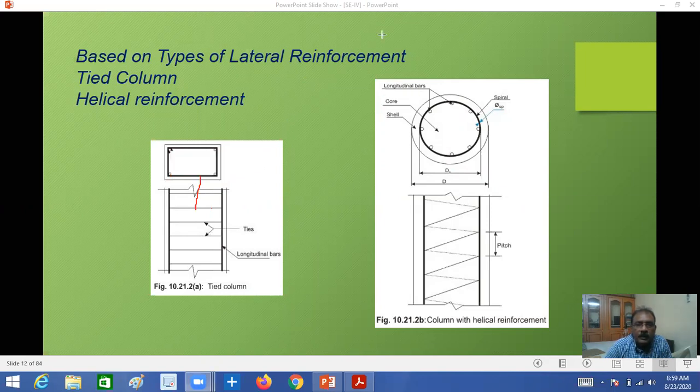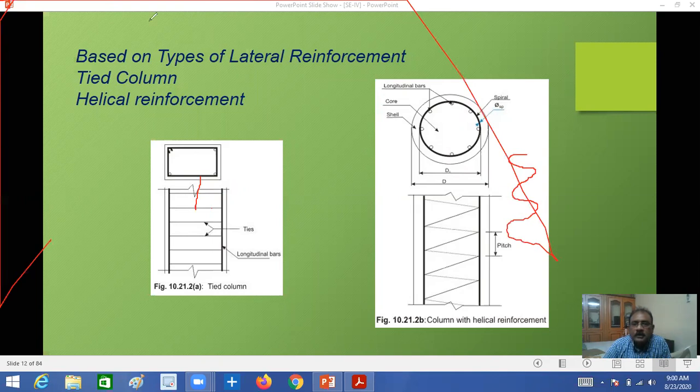Depending upon the lateral reinforcement, we can divide columns into 2 types: tied column and helical reinforcement column, as I have shown here. For a circular column, you can have ties like this, or you can have spiral binding, like this.